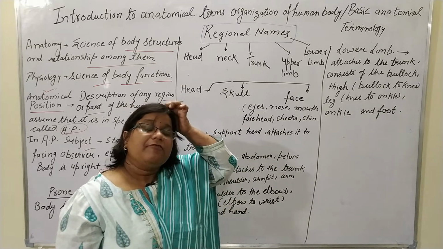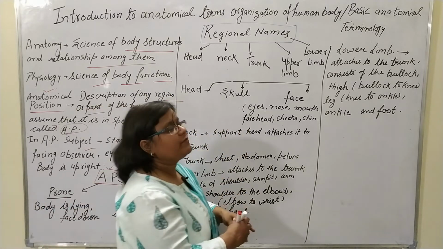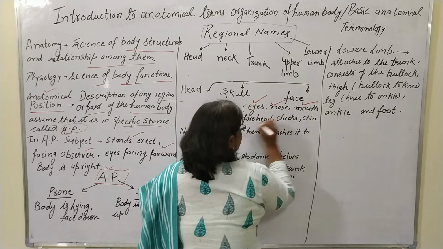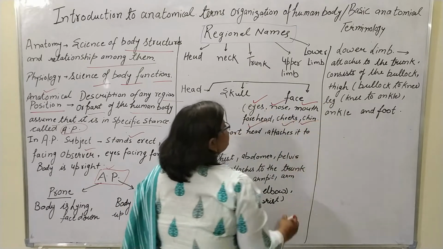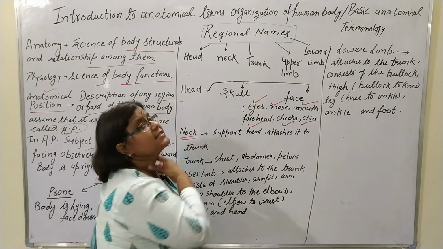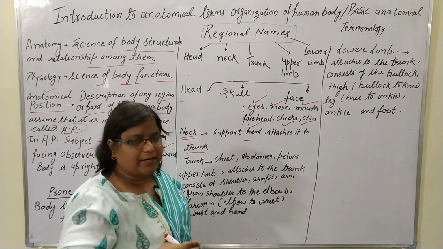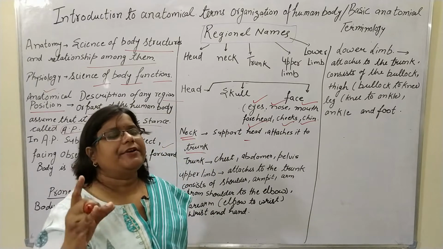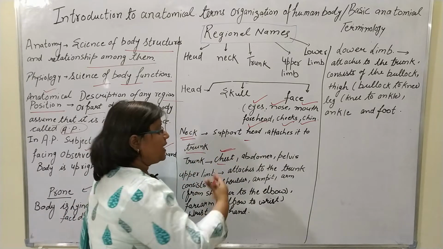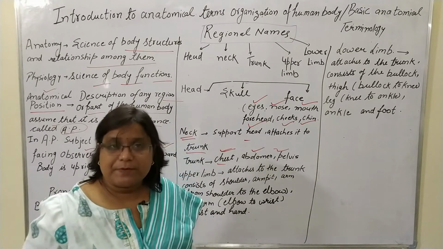The skull protects the brain, and the face includes eyes, nose, mouth, forehead, cheek and chin. The function of the neck is to support the head and attach it to the trunk. In the trunk we include the chest region, abdominal region and pelvic region. Pelvic region means hips region.